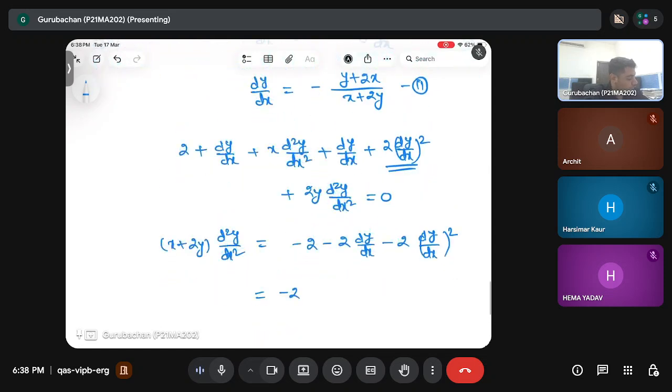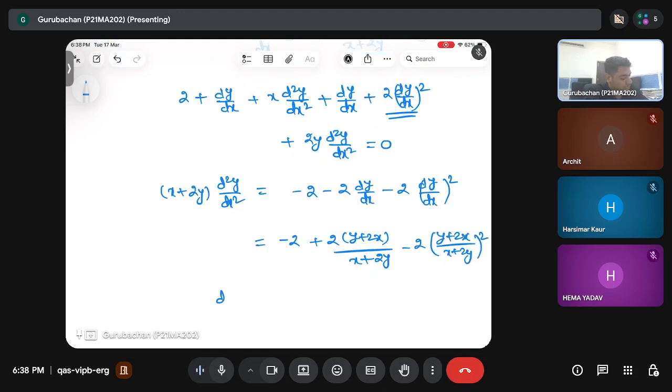So this will give you plus 2 times y plus 2x divided by x plus 2y minus 2 times y plus 2x divided by x plus y whole square. And when you solve it, at the end you will get the easiest expression, which is like this.